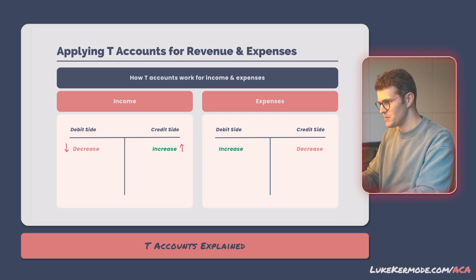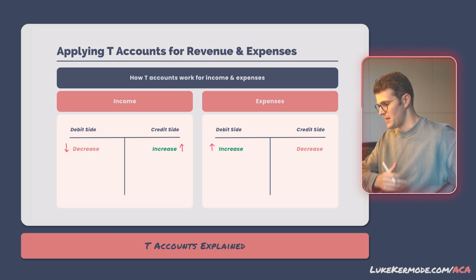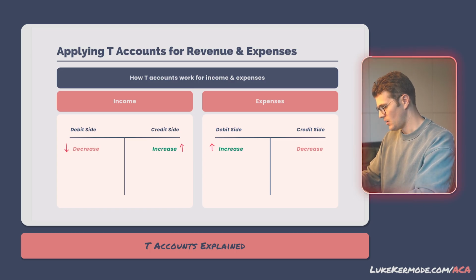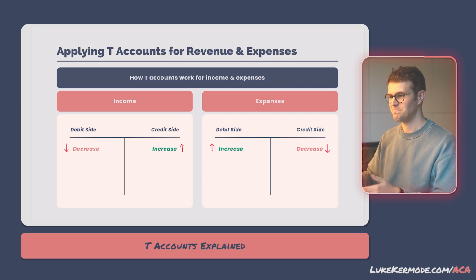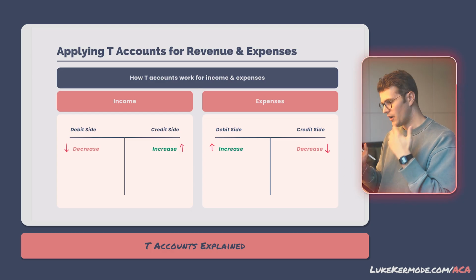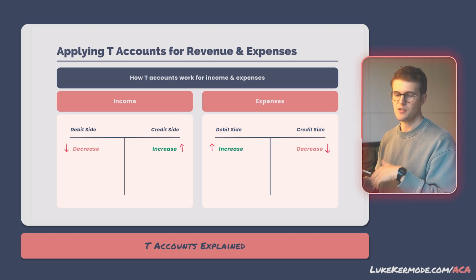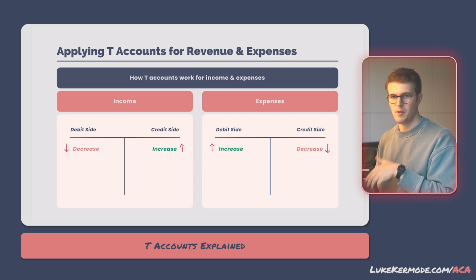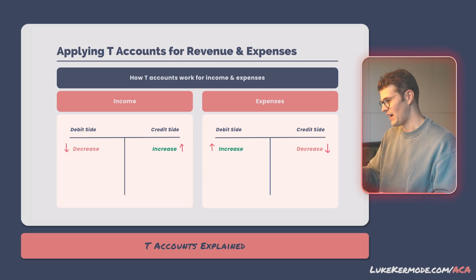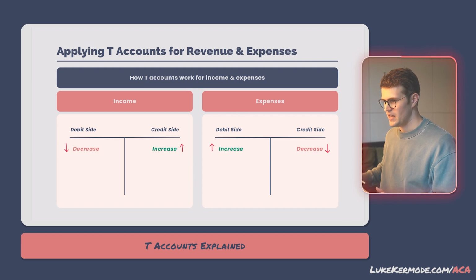When the business incurs an expense, like paying wages, a rent bill, or a utility bill, that's recorded on the debit side because expenses increase on the left of the account. If an expense is reduced, perhaps due to an overpayment or a refund, that's shown on the credit side. So to summarize, income increases on the credit side while expenses increase on the debit side. This all flows back to the debit-credit principle. So if you understand debit-credit, you should have a decent understanding of how this pattern is evolving.